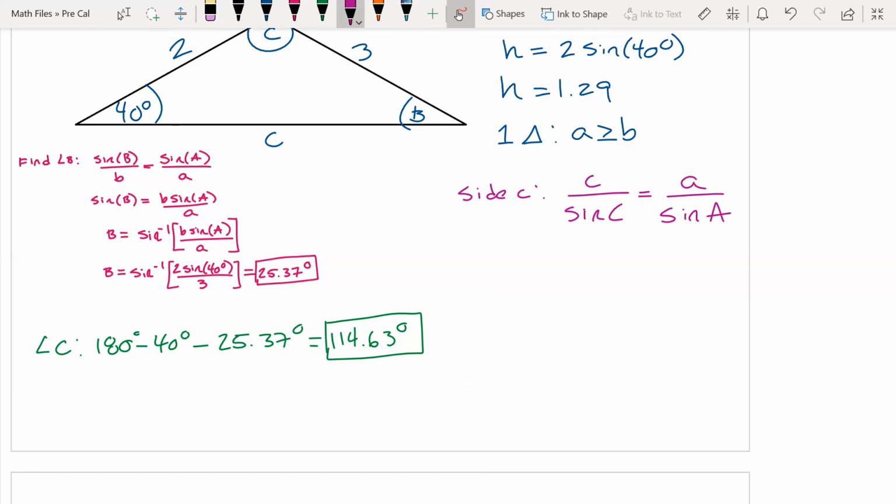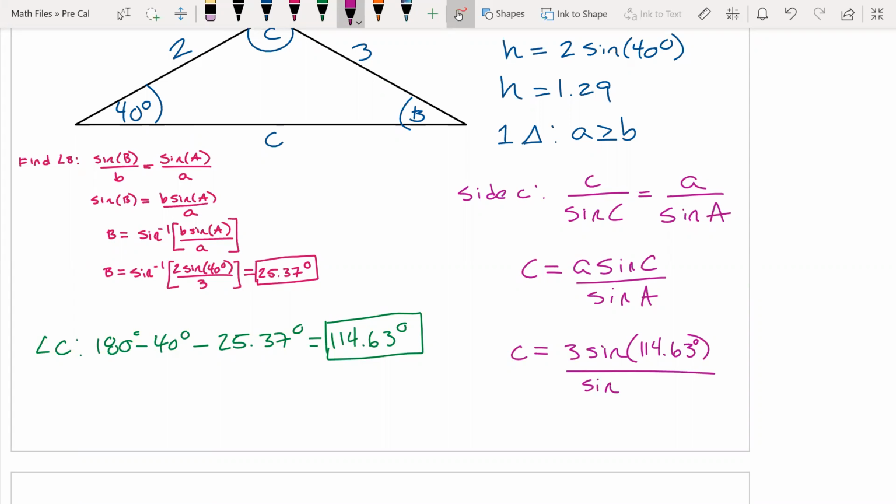And of course, your formula here is C equals A sine C over sine A. And we'll get 3 sine of angle C, which is 114.63 degrees, over the sine of angle A, which is 40.